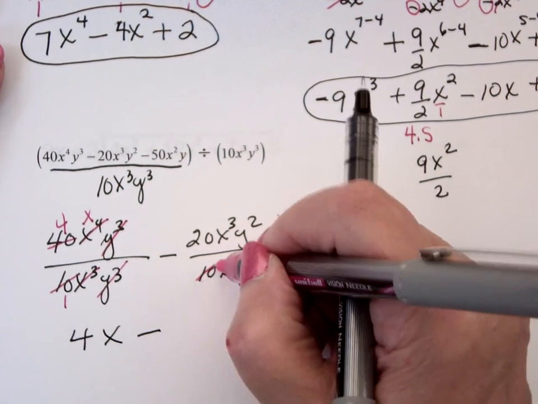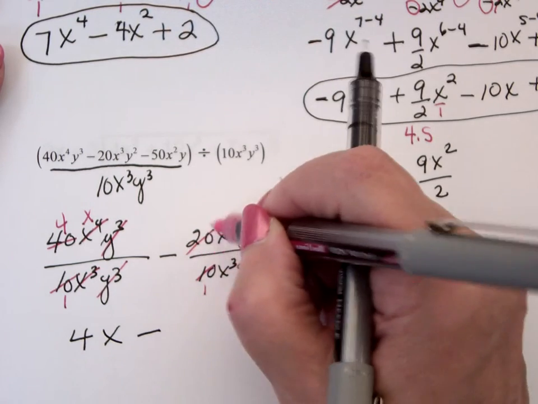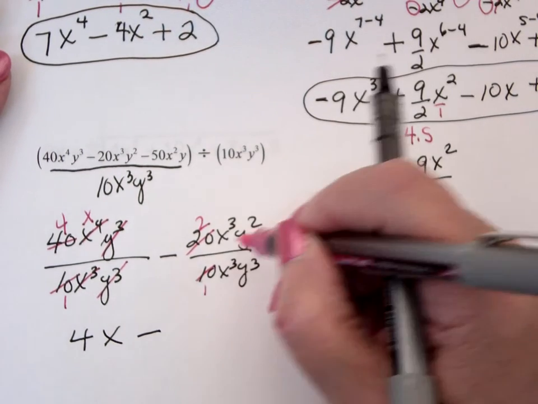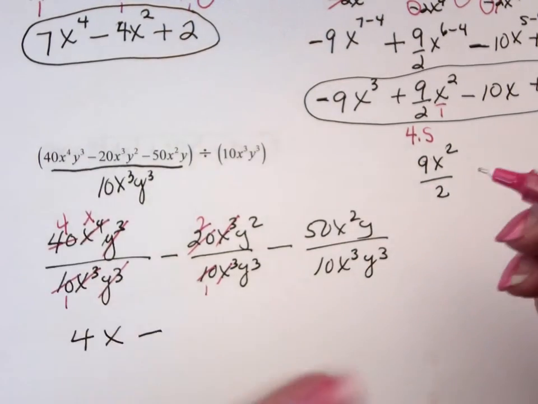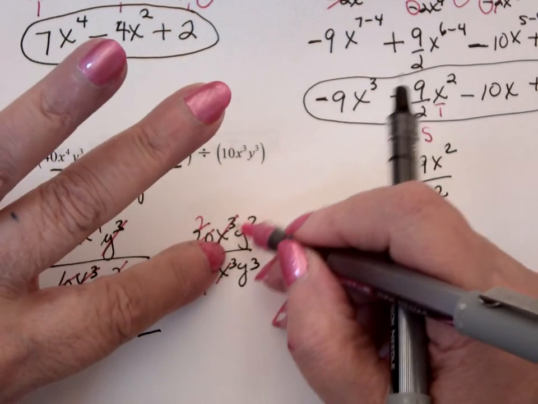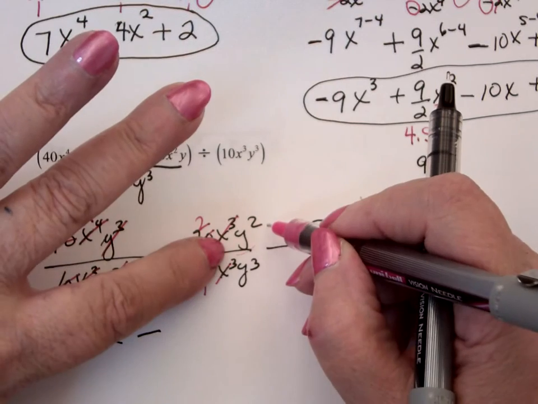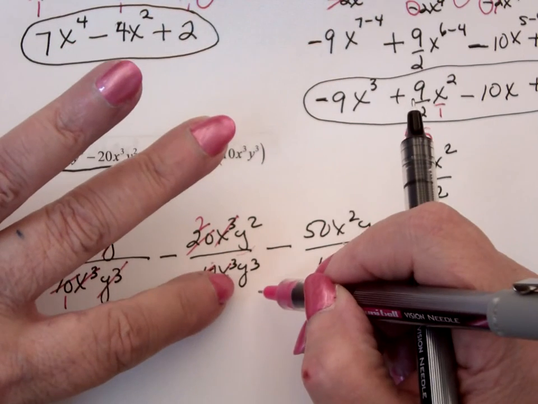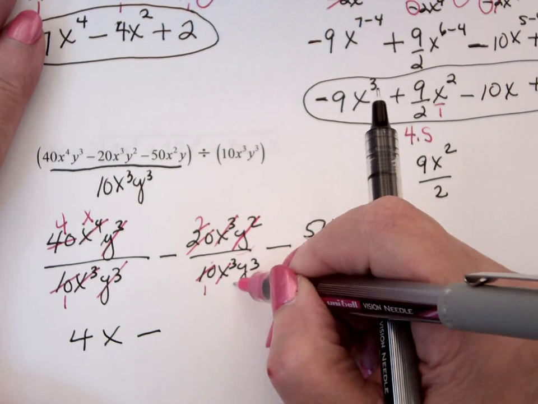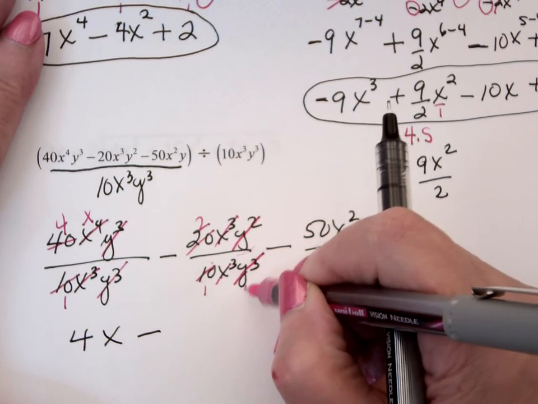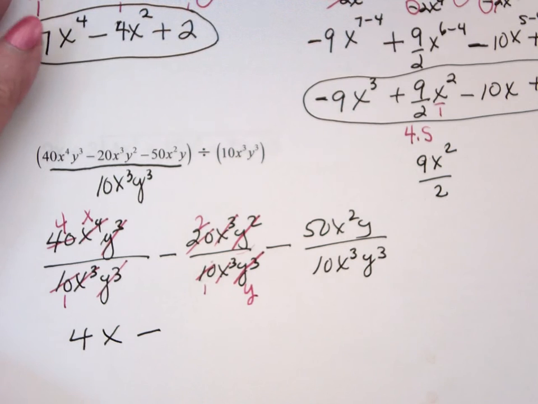10 divides 10 once, divides 20 twice. X cubes take each other out. Now this is where things get dangerous because I have two y's in the numerator and 3 in the denominator. So 2 takes out 2 of those 3. That y is in the denominator.